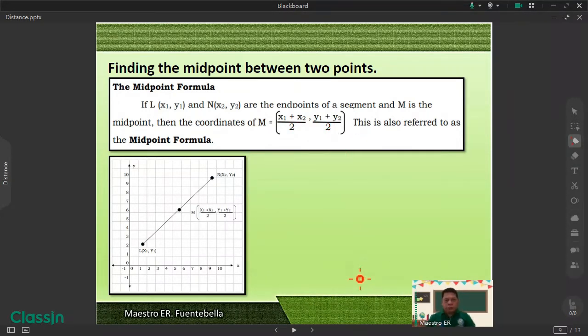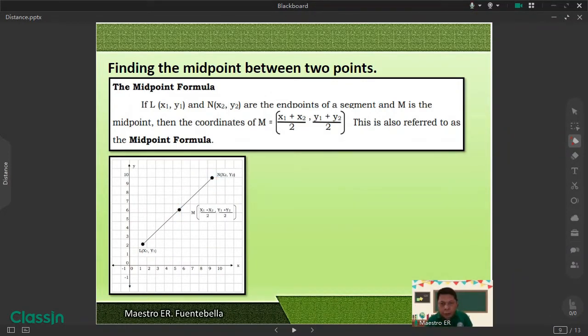This is also referred to as the midpoint formula. So if we talk about midpoint, it is not a distance, no? It is a point between, or the middle point between the two given points.